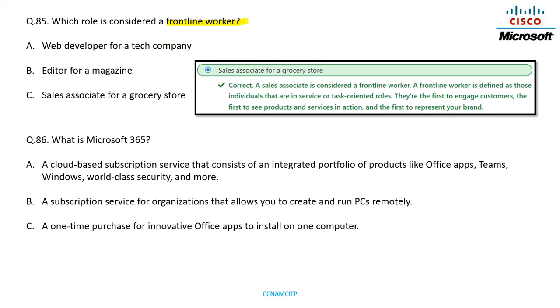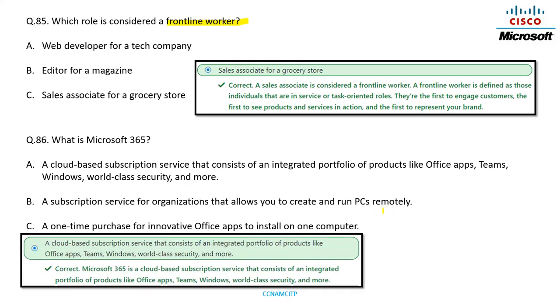Now next one, what is Microsoft 365? So a one-time purchase for innovative Office apps to install on one computer, or a subscription service for organizations that allows you to create and run PCs remotely, or a cloud-based subscription service that consists of an integrated portfolio. Okay, so what is your answer? Answer should be A.